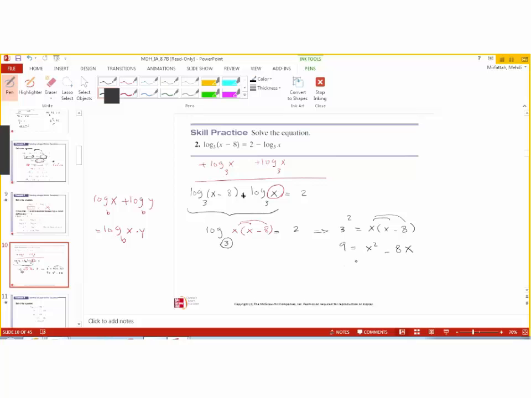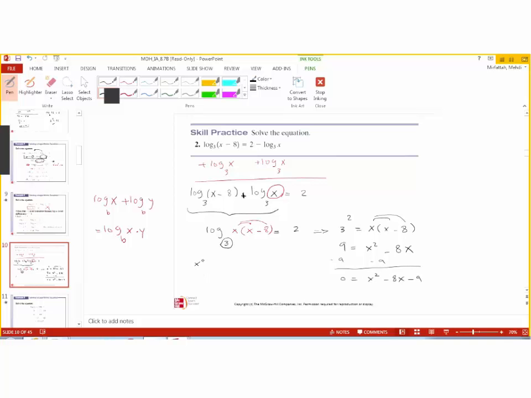So what do we do next? Subtract 9 from both sides. So we get 0 is equal to x squared minus 8x minus 9.